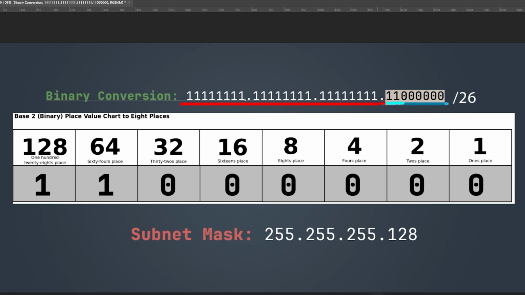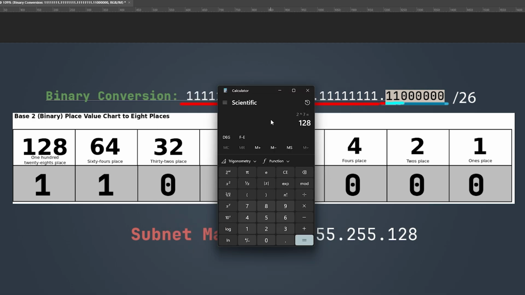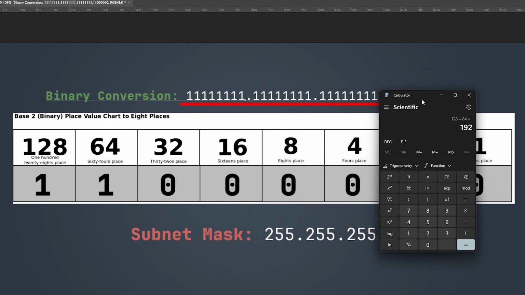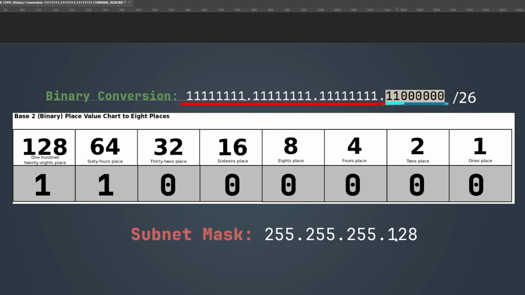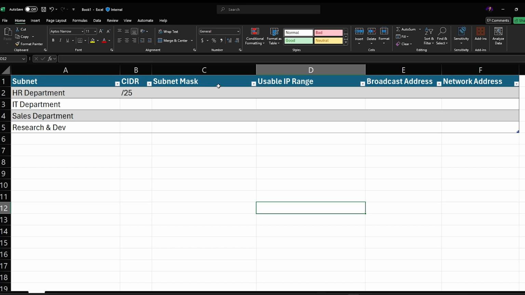Then we take 128 and add 64, which is 192. And this would fit the minimum requirements for the HR department.